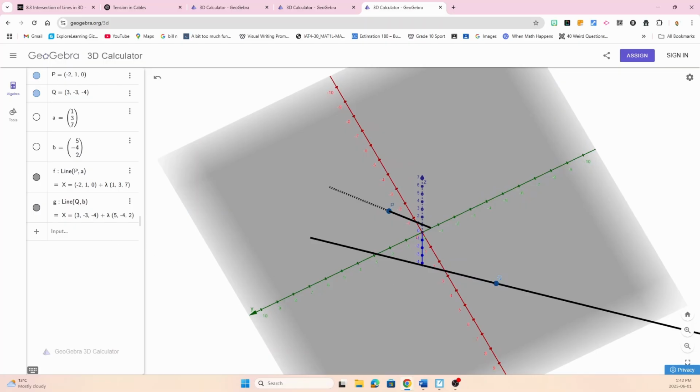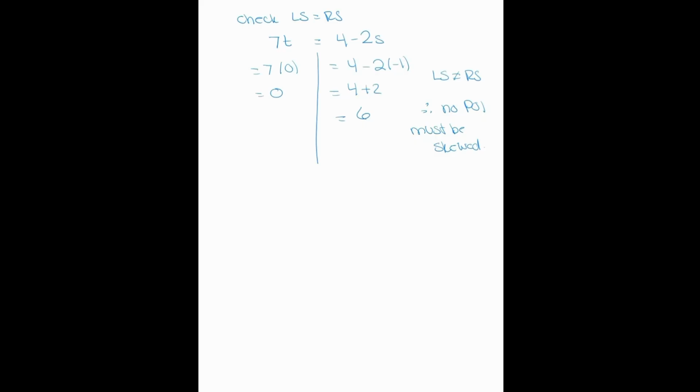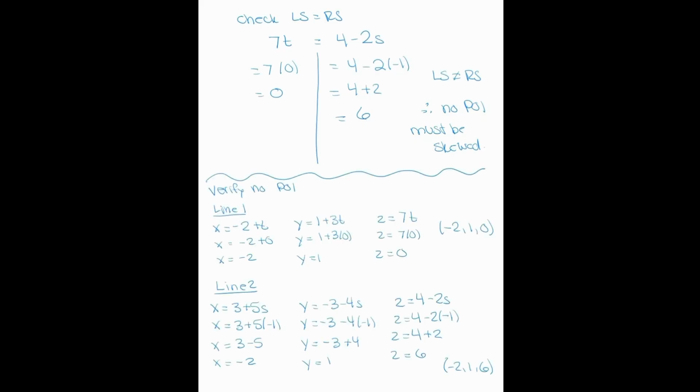You could also have verified algebraically that there is not a point of intersection by subbing t equals 0 and s equals -1 into lines 1 and 2. If there is a point of intersection, the coordinates will be the same for both. No point of intersection means they're skew, and the coordinates will give two different points. I went ahead off camera and just did that math.